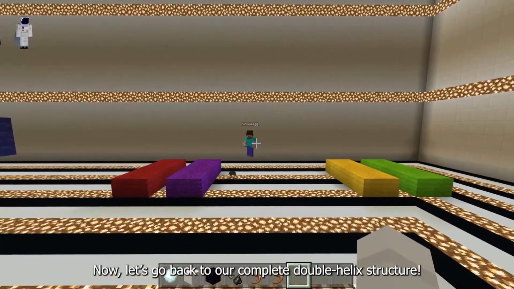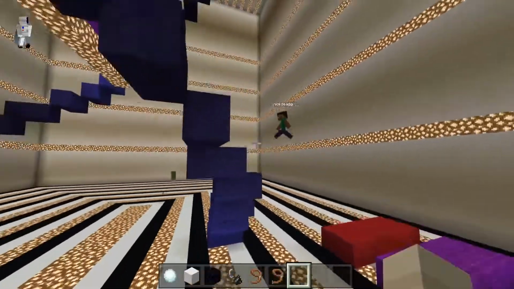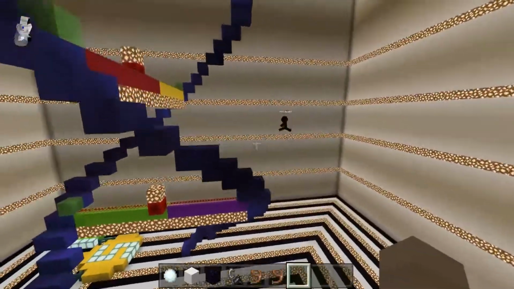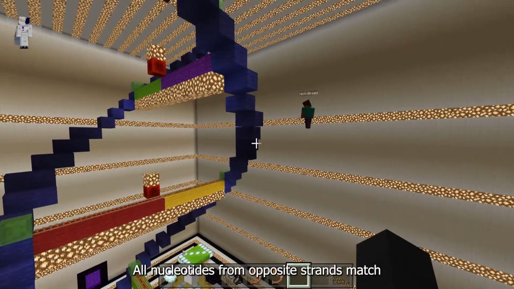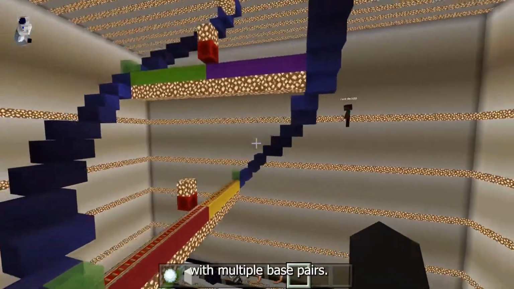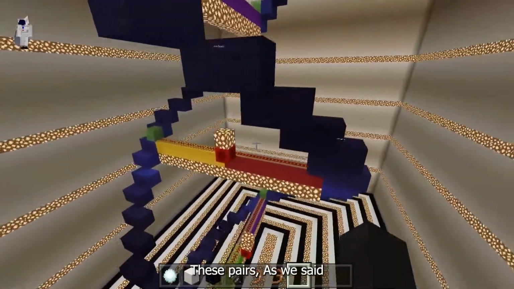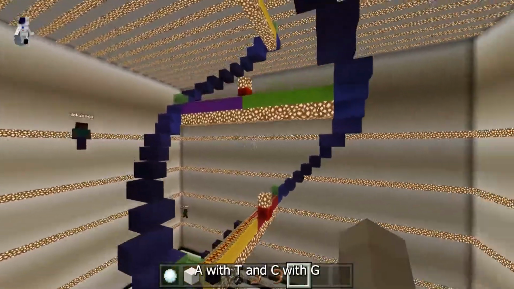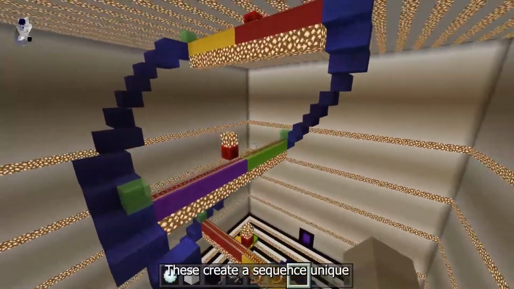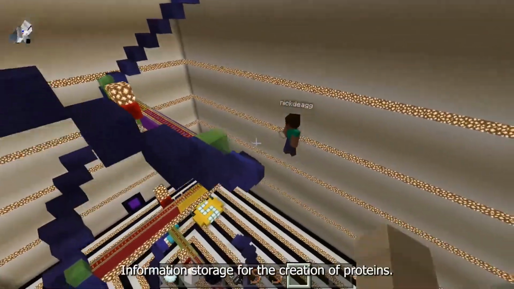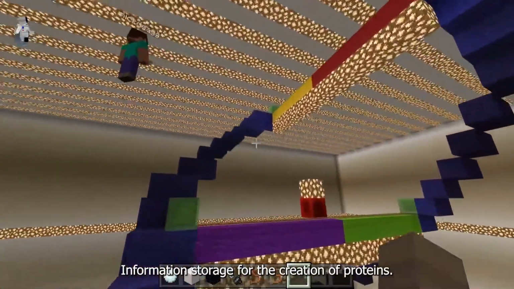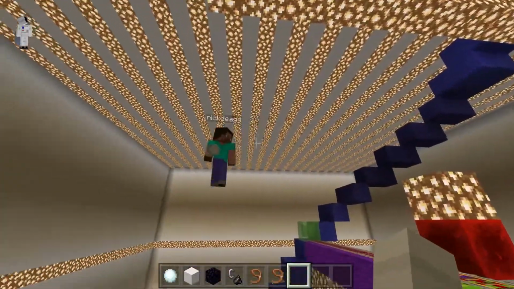Now let's go back to our complete double helix structure. Opposite strands match, as you can see, with multiple base pairs. These pairs, as we said, A with T and C with G, create a sequence unique to every organism, making DNA some form of information storage for the creation of proteins.